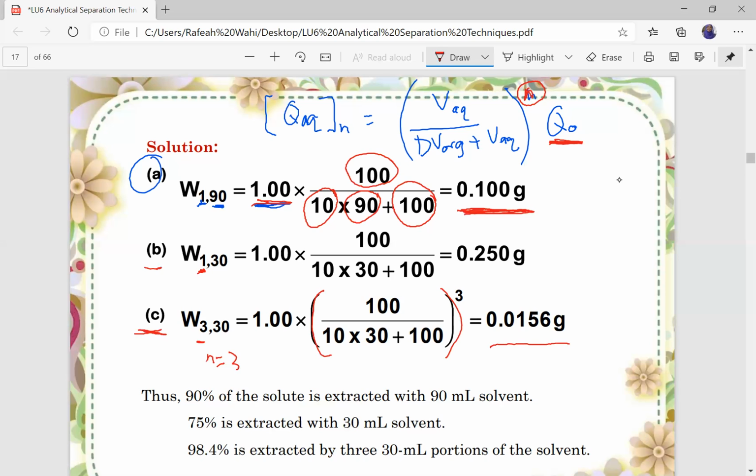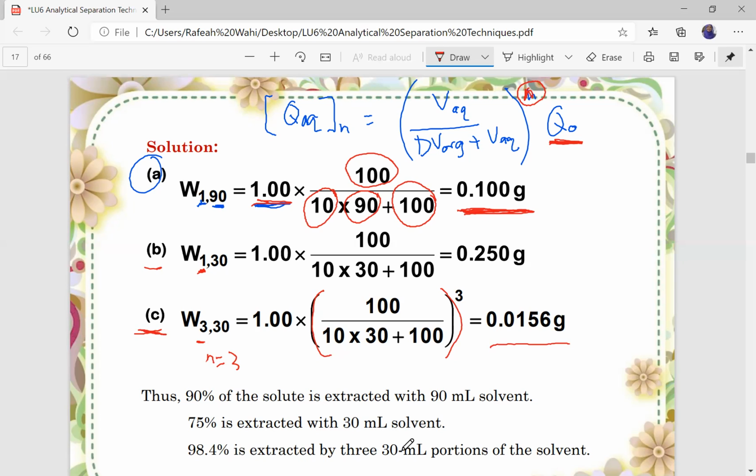From the calculation, you know that 90% of the solute is extracted with 90 ml of solvent. 75% is extracted if you use 30 ml of solvent one time. But if you use 3 times 30 ml of solvent, you will extract 98.4%. Which one has the best extraction? Of course, the third one, C, when you extract using 3 portions of 30 ml of your organic solvent.